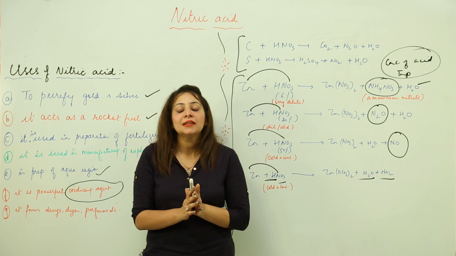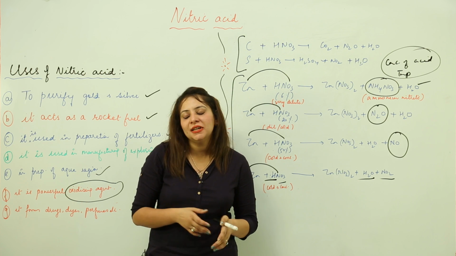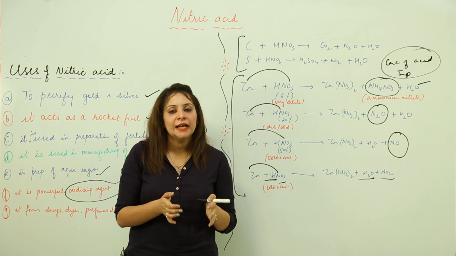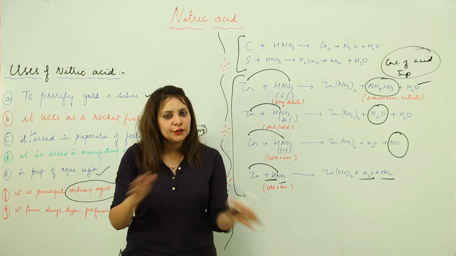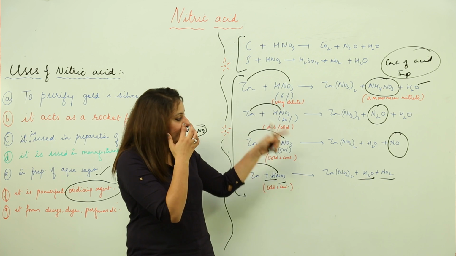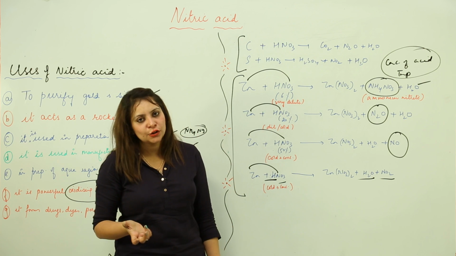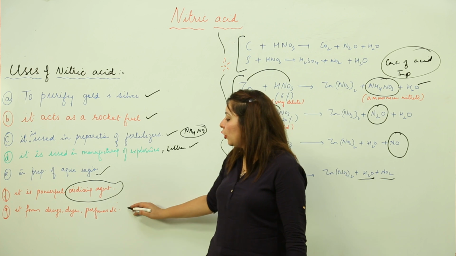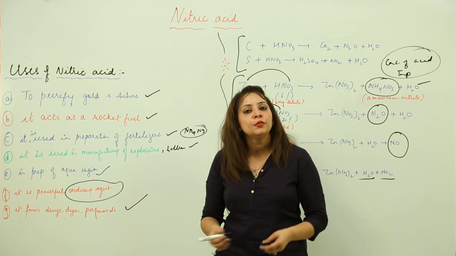The reason behind this is that the main element in it is nitrogen, and nitrogen forms a variety of oxides. So at different concentrations we get different nitrogen oxides or compounds. The last use is that it is used in forming drugs, dyes and perfumes also.